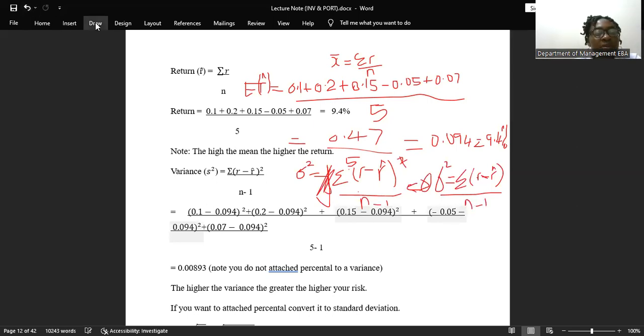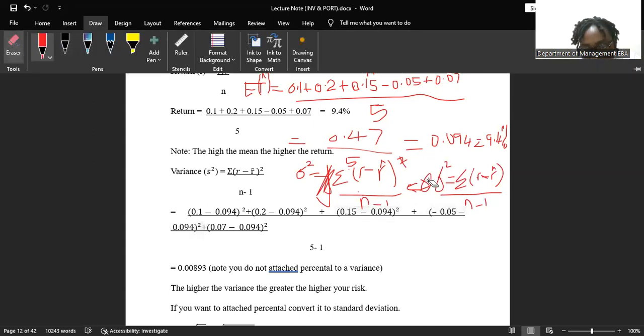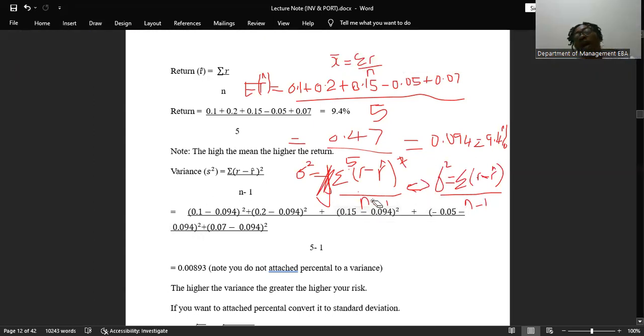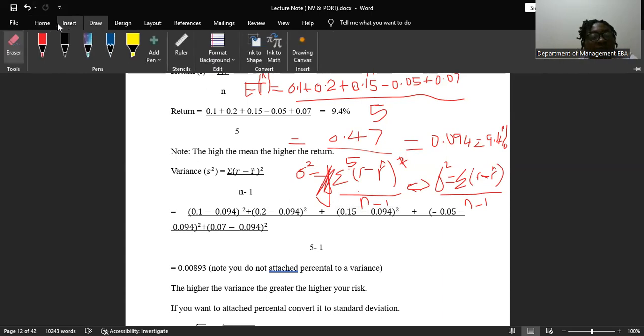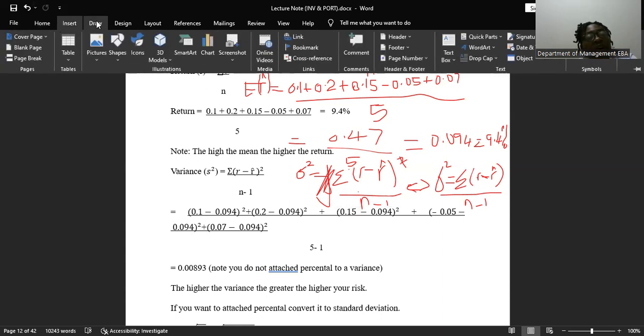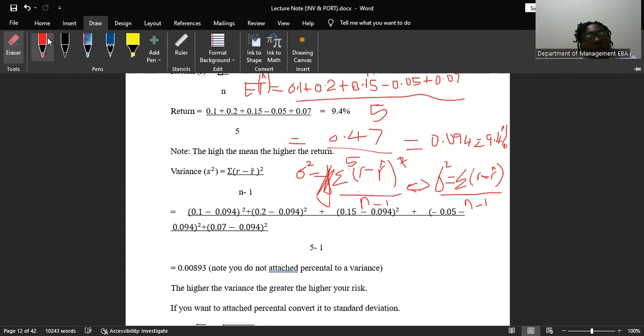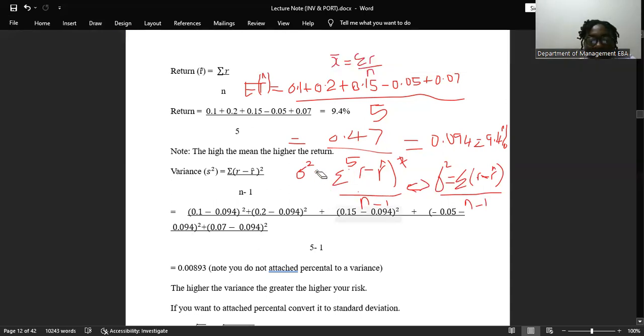Let me go for my eraser and erase something I don't want. For space's sake, I'm going to erase all of this.